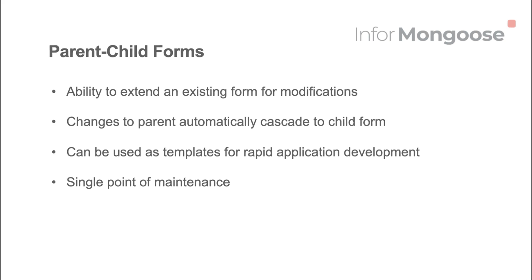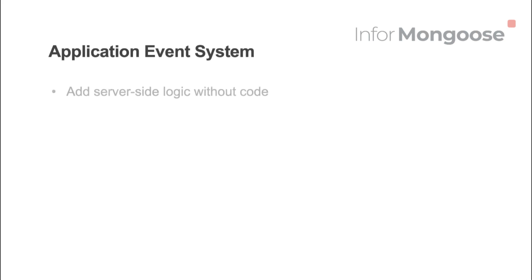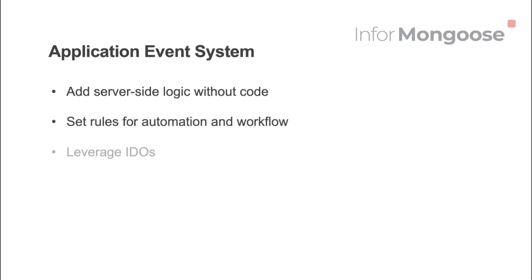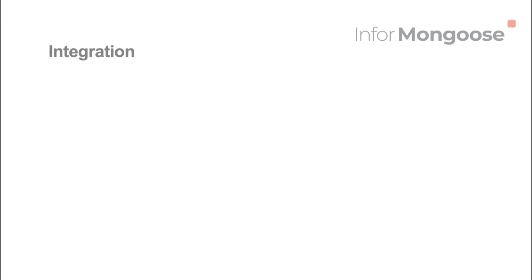The application event system, which is a major subsystem for adding server-side logic without writing code, allowing you to set rules for automation, workflow, and integration, leveraging IDOs in a wide range of options. Mongoose also integrates with Ion, Ion API, Data Lake, and IDM.